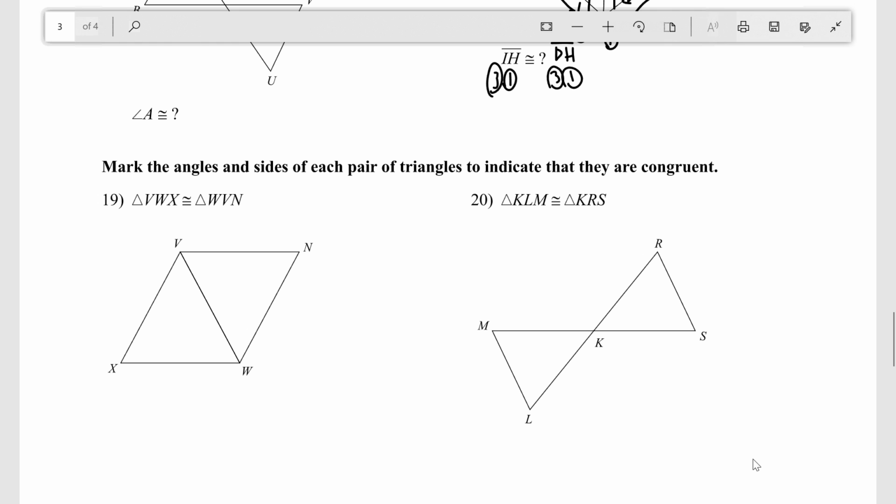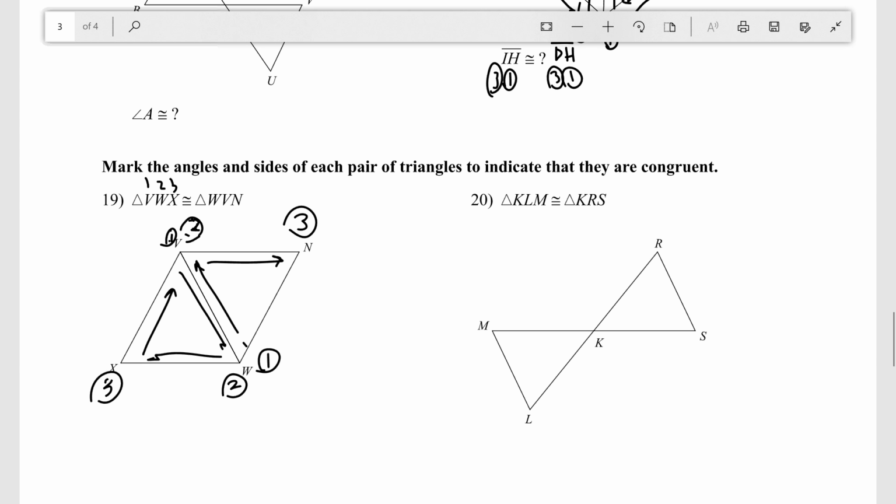So for number 19, if I have the triangle VWX, let's say 1, 2, 3, that's V, W, and X, going in this order, is congruent to WVN. So actually we have 1 here, then it goes to 2 here, and then 3 in there.